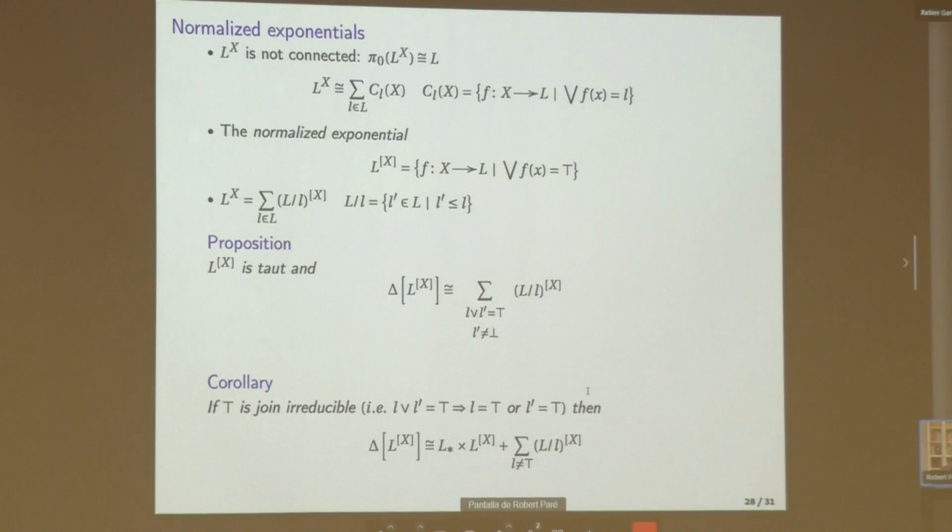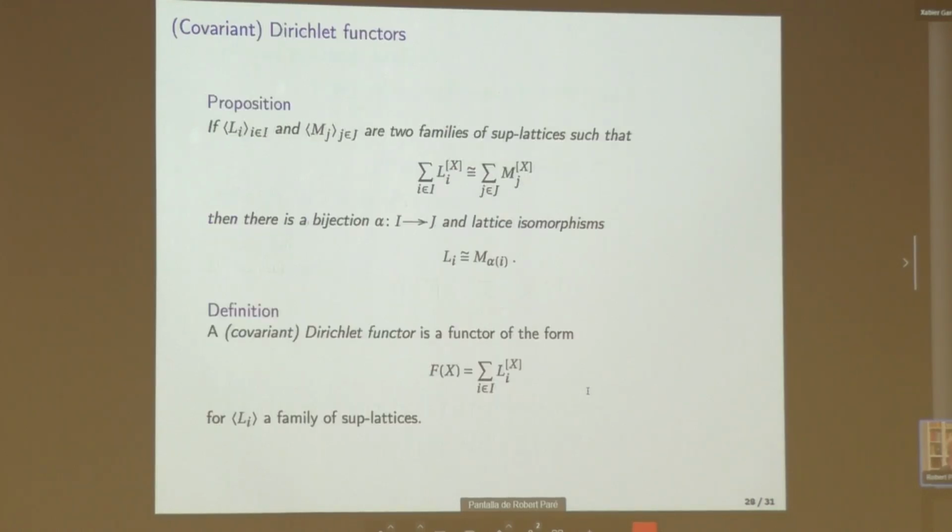Okay, so this is the difference for L to the brackets x. And now I want to define Dirichlet functors, covariant Dirichlet functors.